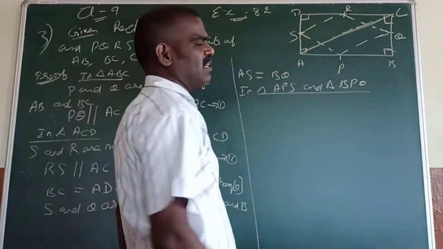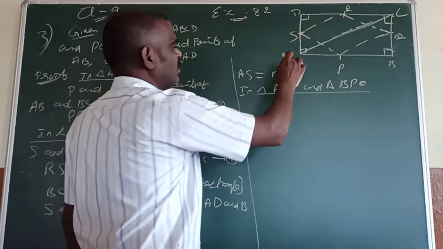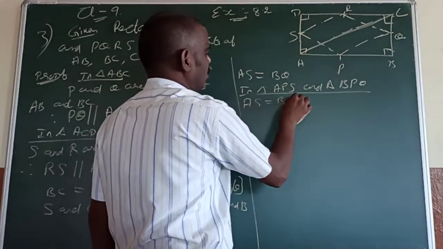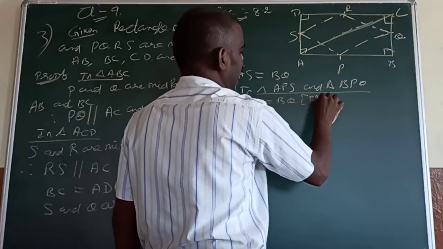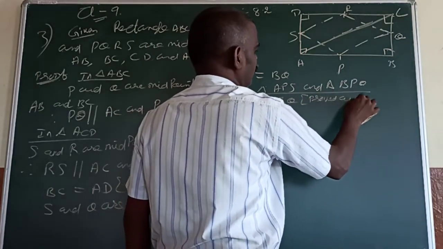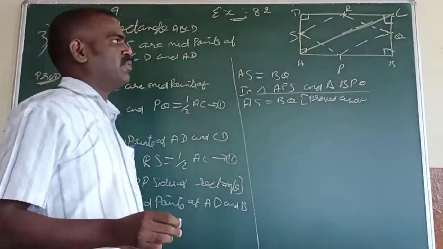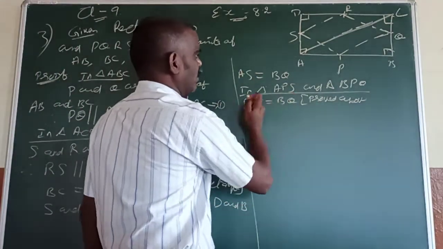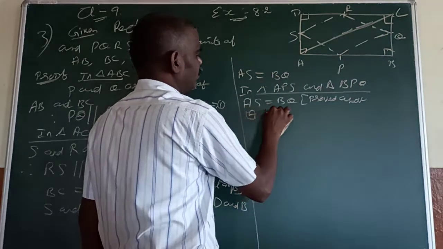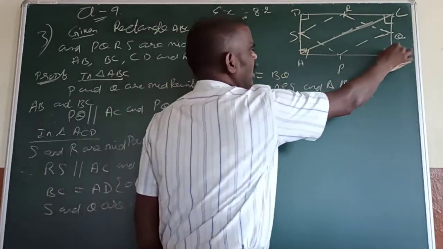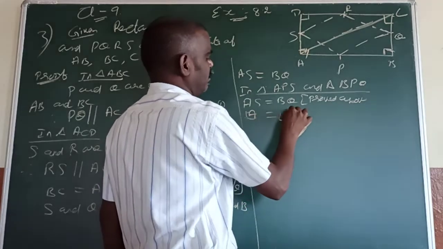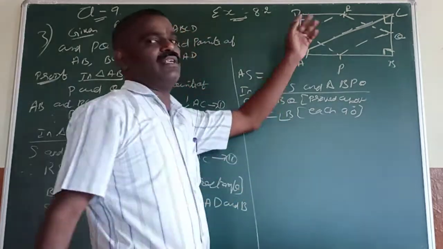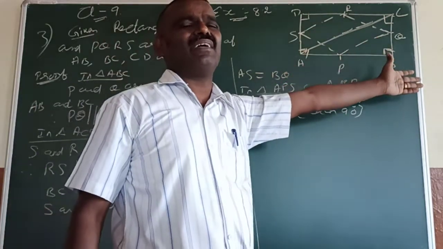Since it's a rectangle, all the angles are equal. AS is equal to BQ, proved above. Angle A equals angle B, each is common, because they are the angles of the rectangle.